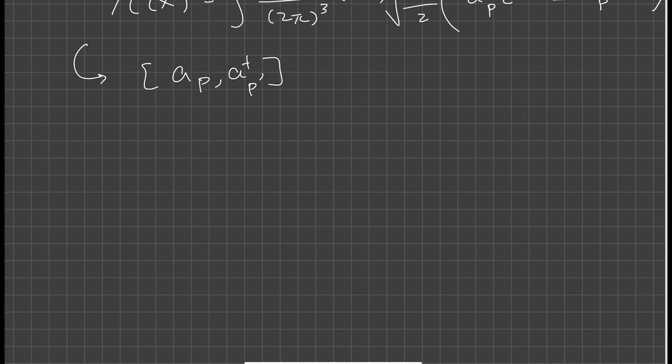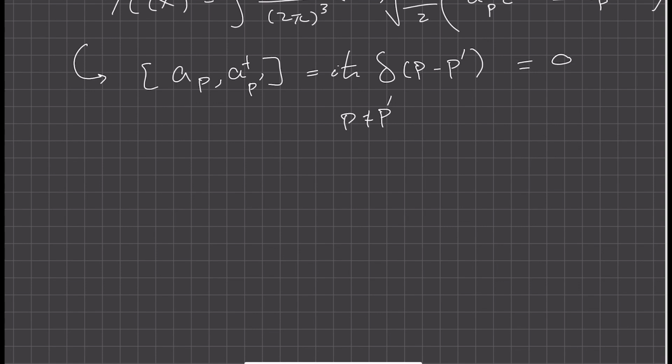The reason I put p and p prime is to show that now we can talk about two different momentums. That would be i h bar delta of p minus p prime. So you can create and destroy two particles with different momentum. That would be 0. So if p is not equal to p prime, then that commutation relationship would be 0.